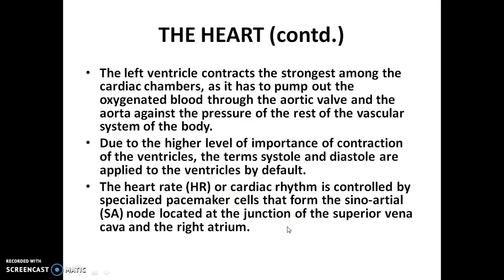The heart rate is controlled by the SA node. We have seen that the SA node is giving current to the heart, and it receives that current from the brain. The SA node controls the heartbeat, because heart beating is like pumping.